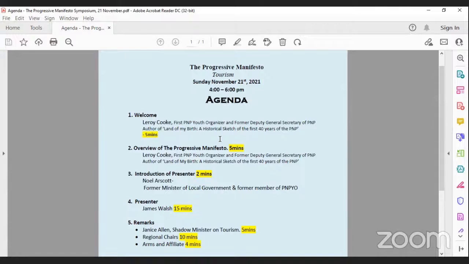Today, we turn our attention to another subject, that of tourism.